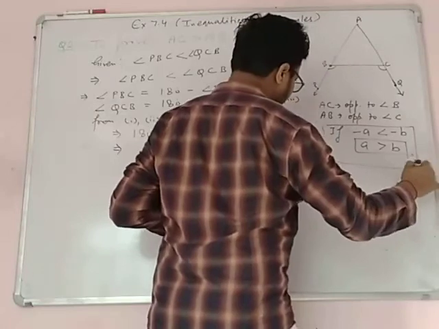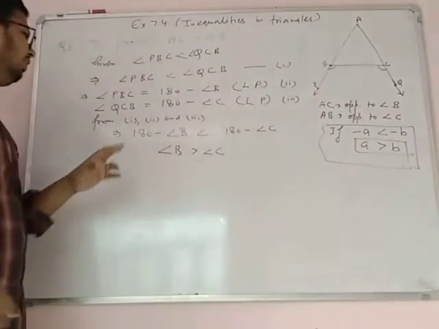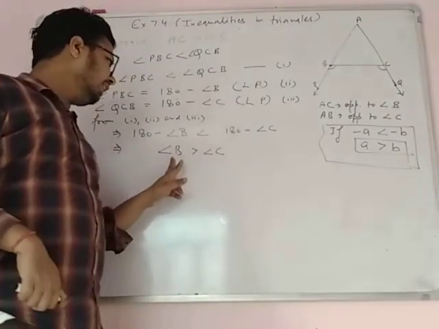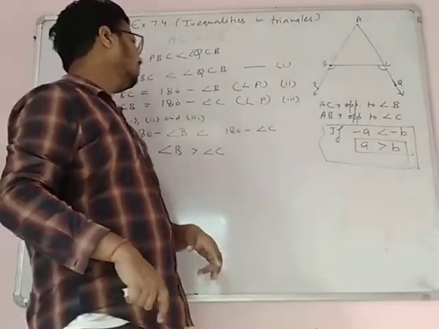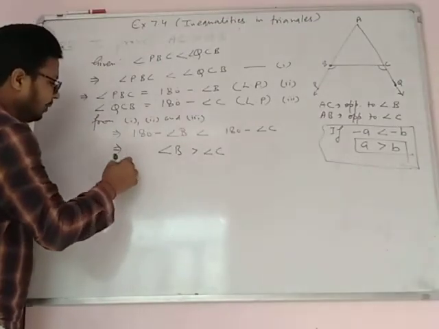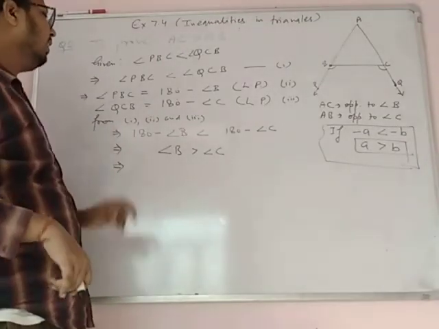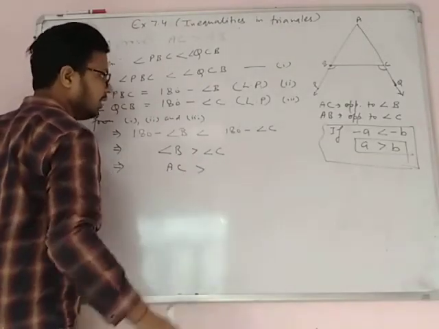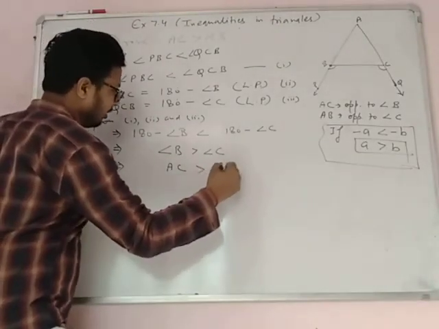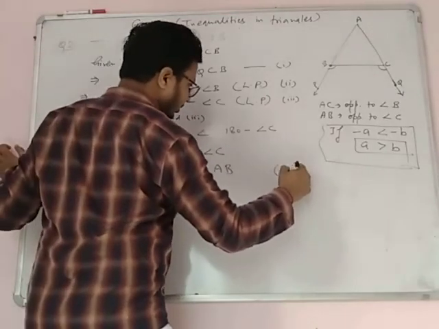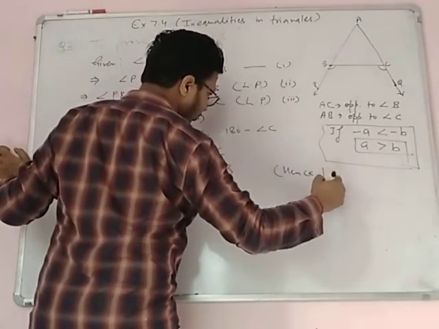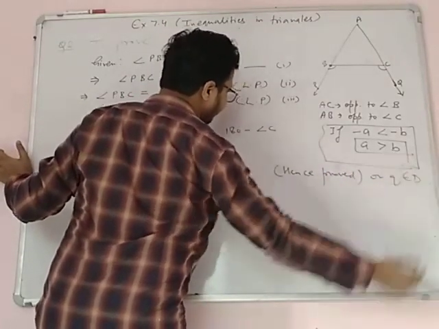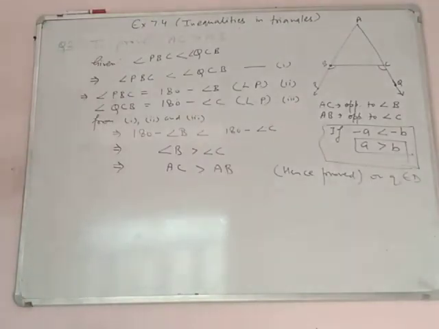So remember that case, same here, minus angle B will be less than minus angle C. So in that case, angle B will be greater than angle C. Now, if angle B is greater than angle C, that means the side opposite to angle B, AC, is greater than AB. And proved, or you can write QED. Clear about it? Now see the next question.